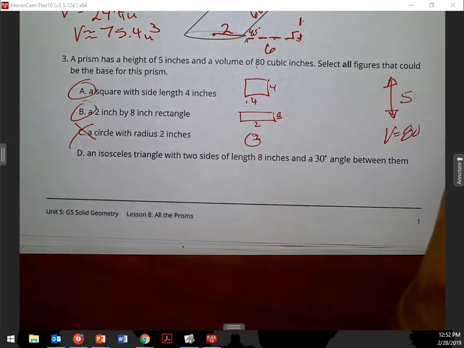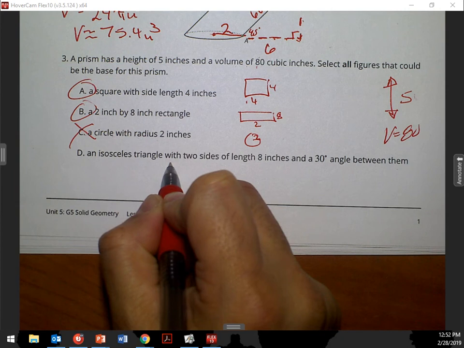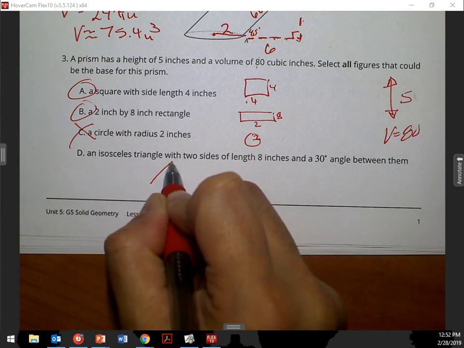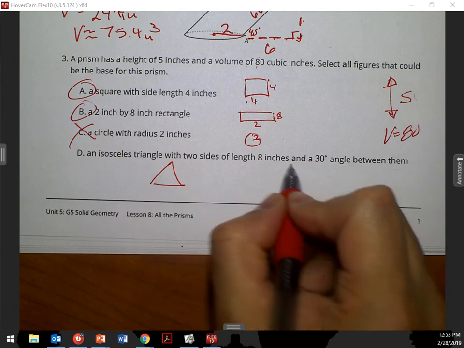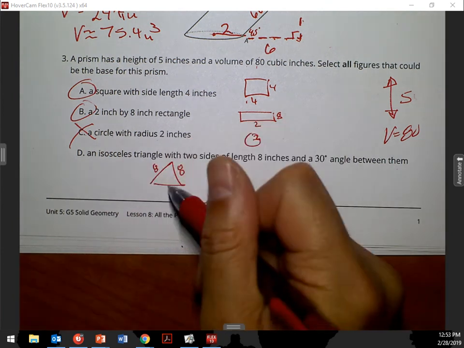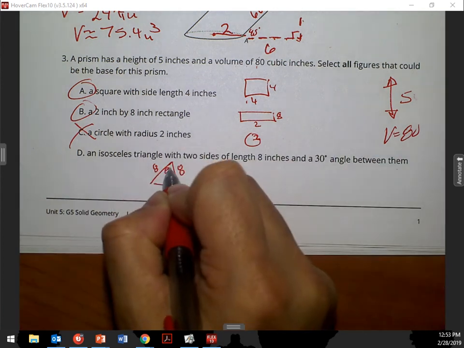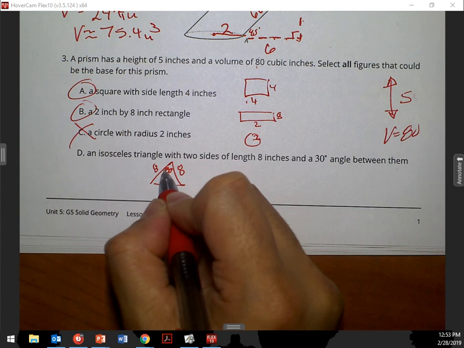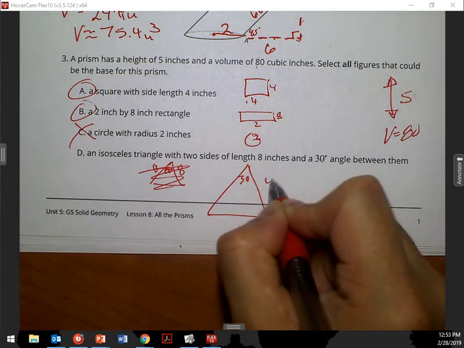Isosceles triangle with 2 side lengths of 8 and 30 between them. Okay, so that means this is going to be, and I'm sketching this, so give me a break. That's 30. That's 8.